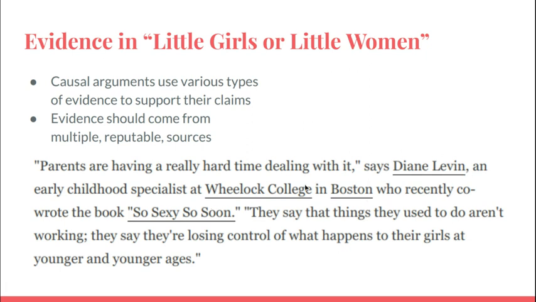She's letting us know that this is another prominent person in this field who has something to say about the subject and is an expert in the field. She's written a book, she works at a college, and so on, right? And then from here, if you look throughout the article, again, you'll see lots of different places where outside evidence is used, and it is from multiple different sources. So that's another good example of how a causal argument should be using evidence.